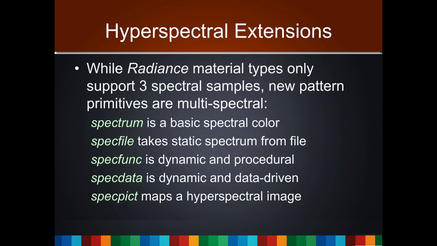Spec data also takes data from a file as well as a function, and spec pict is analog to the color pict that loads this new HSR hyperspectral Radiance format. So we're going to be talking a bit about each of these in more detail.